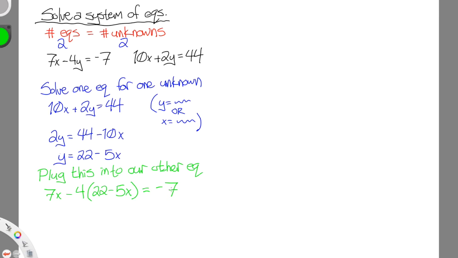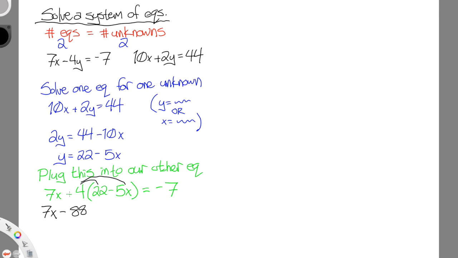And now we can rearrange and start to group like terms. So let's factor this out, or rather distribute. When you have a number outside of parentheses like this, that number goes into both terms inside of there. So we have minus 4 times 22, or negative 88.